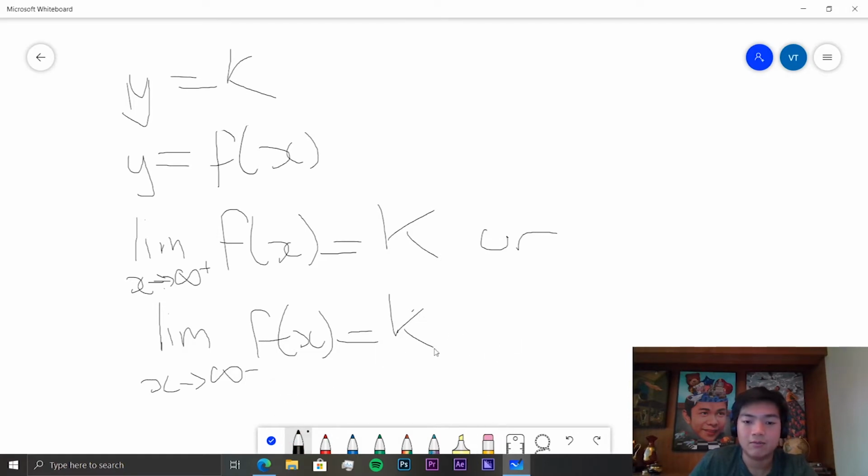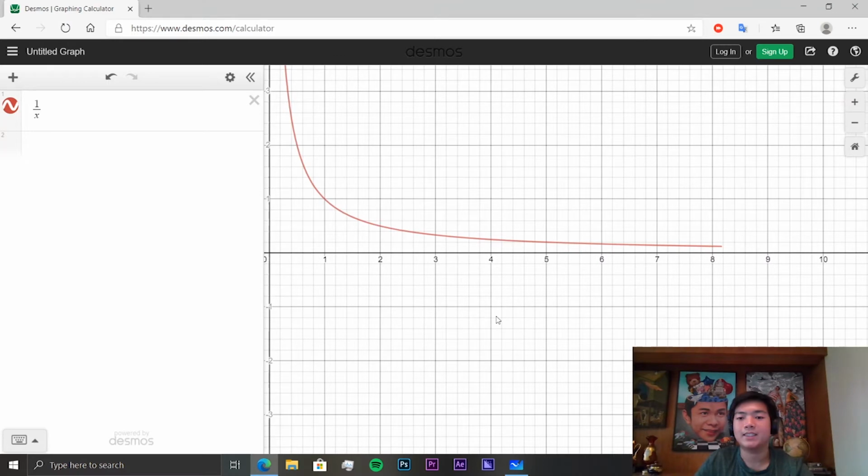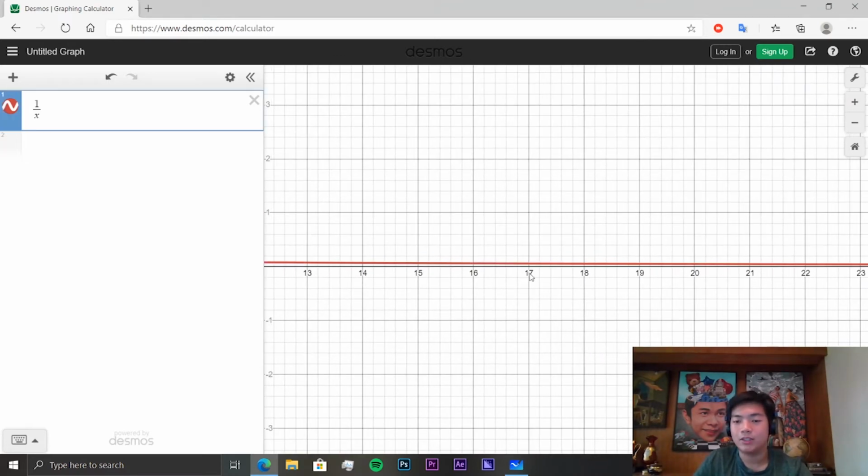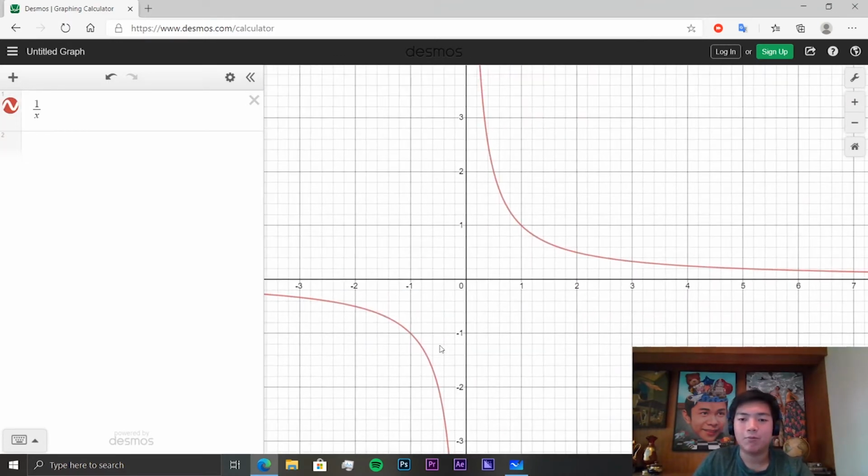So in this case, we can also see that as x approaches infinity, y gets closer and closer to 0, and that's why the line y equals 0 is an asymptote of this graph.